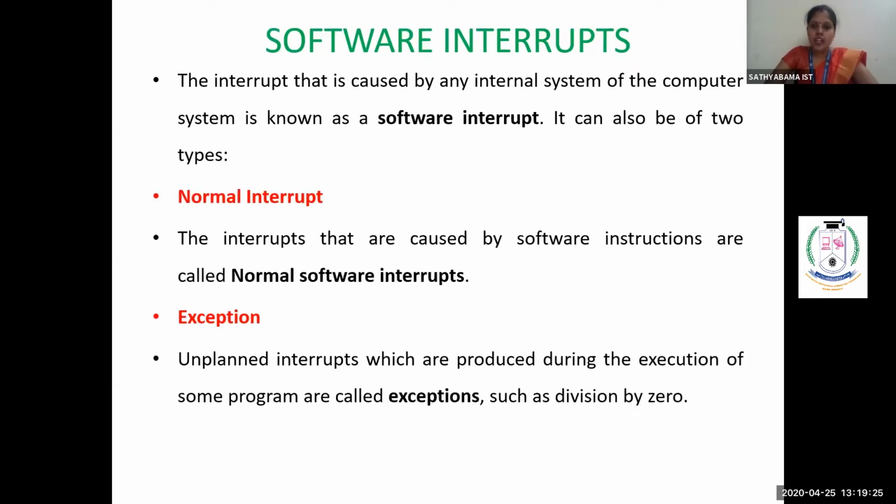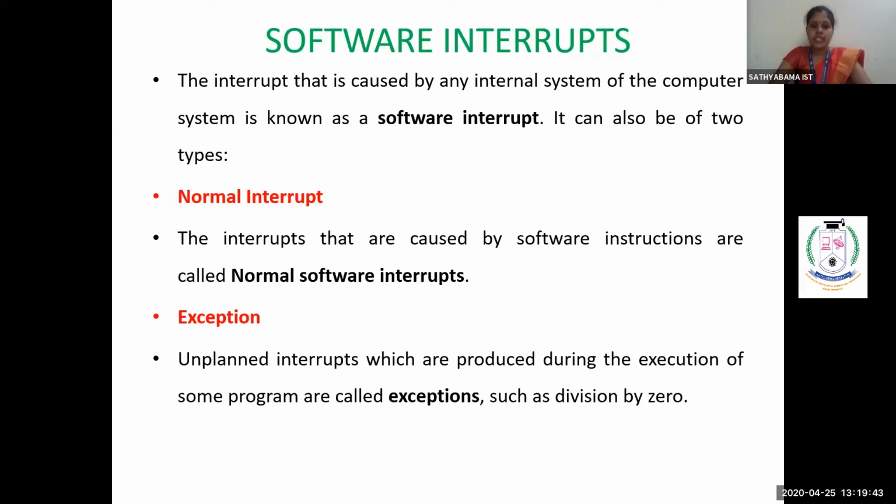An interrupt caused by any internal part of the system is known as a software interrupt. Normally it is inside the computer, a software problem or anything that occurs. This also has two types: normal interrupt and exception.